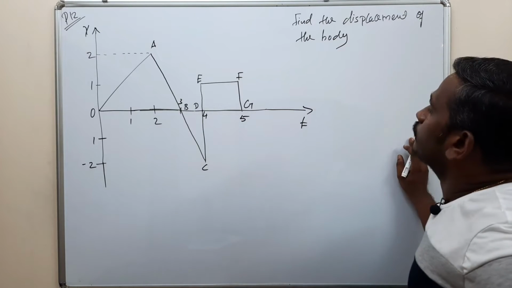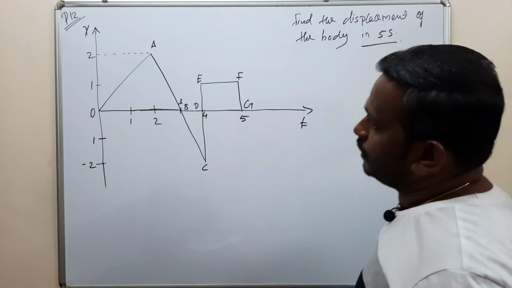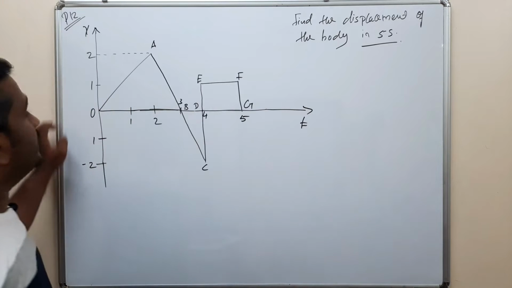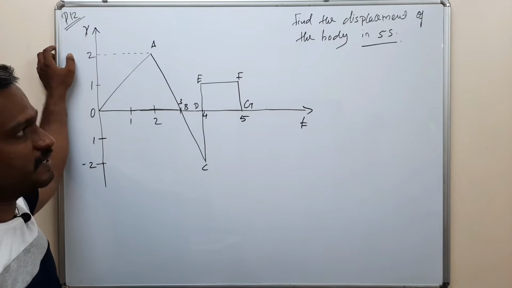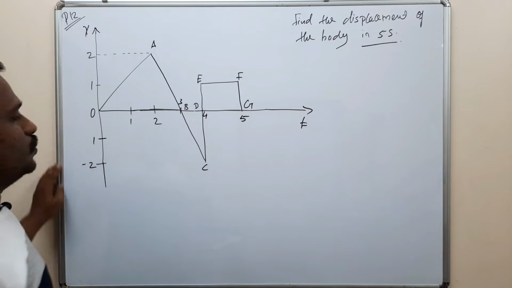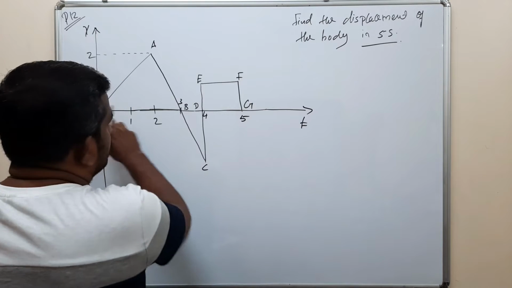Find the displacement of the body in 5 seconds. We know that the area under the velocity time graph gives the displacement. So we have to find the displacement traveled by the body in 5 seconds.